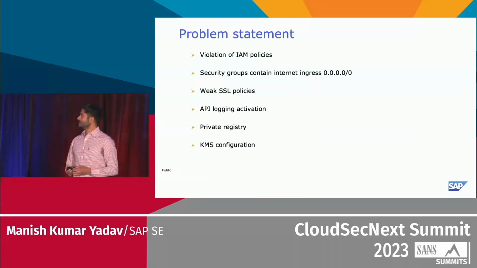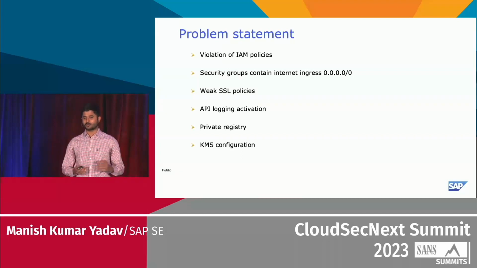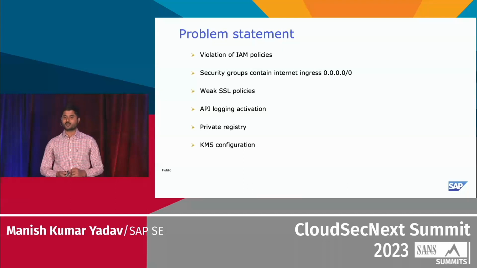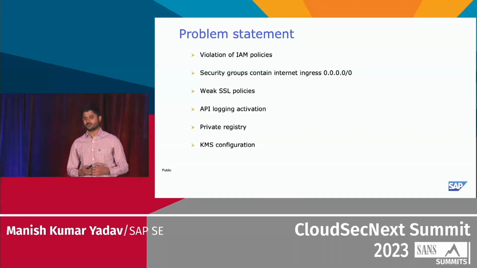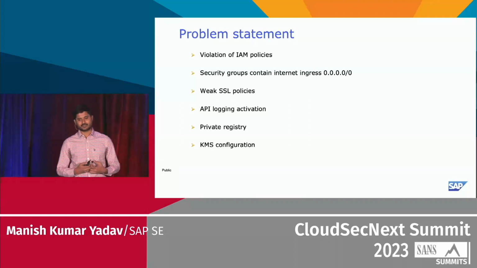So coming to the real problem, or the problem statement. When we move to the cloud, you want to move fast. When you build fast, you come up with a lot of problems, and the security team always needs to be in a matching position, because when the team builds something fast and you're not catching those issues, it's easy to get into the news.